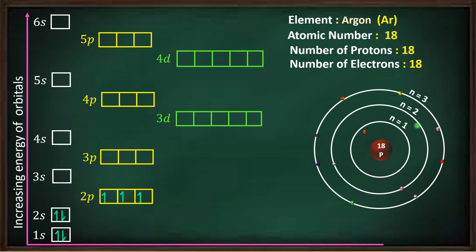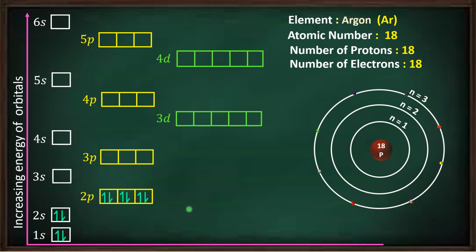Next, eighth electron pairs up with this electron in 2p, isn't it? Next, ninth electron pairs up with this electron, and 10th electron pairs up with this electron. So totally 10 electrons have been filled.